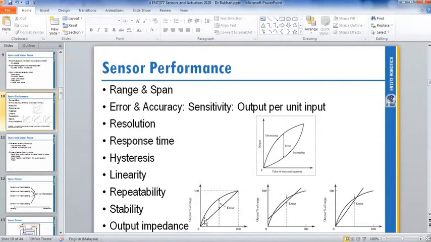It's a curve, which means non-linear, not linear. So the manufacturer tries to change this non-linear information of the sensor to linear. So we need a linear sensor.